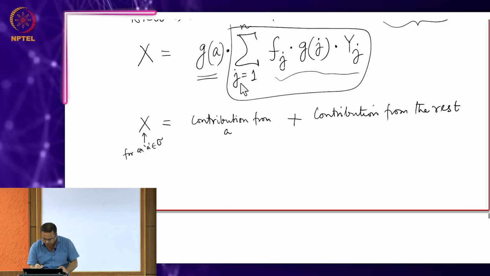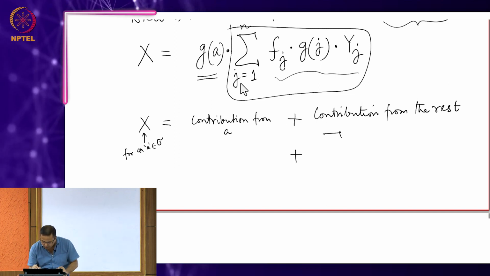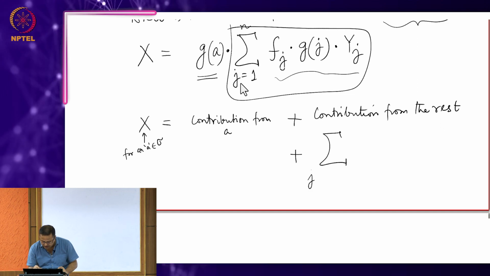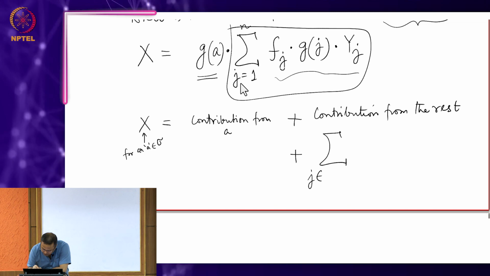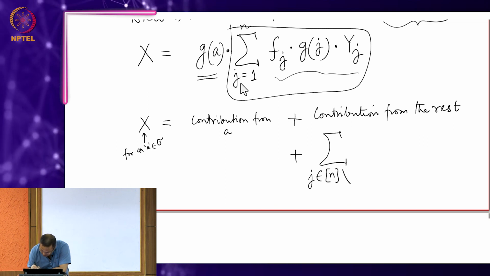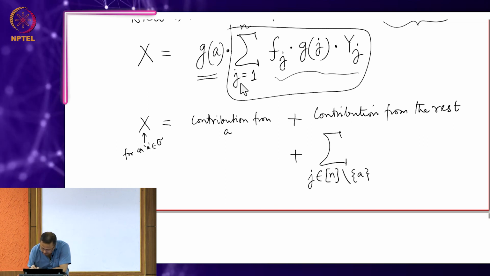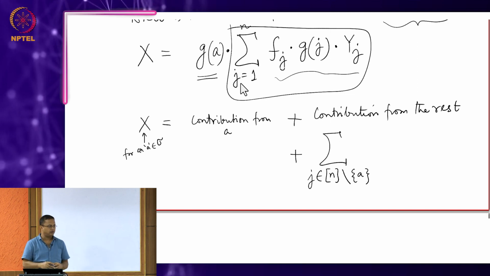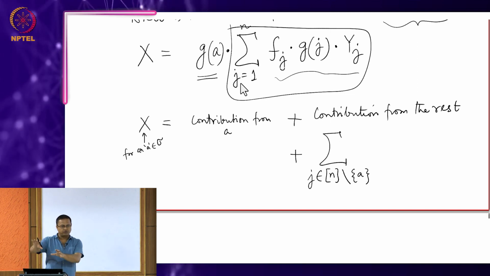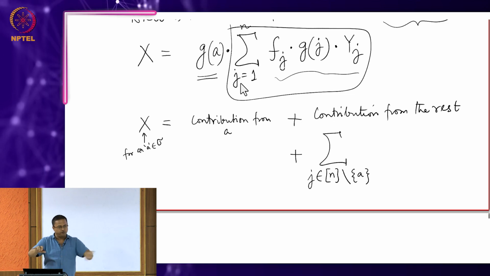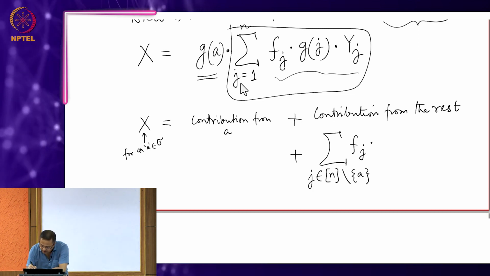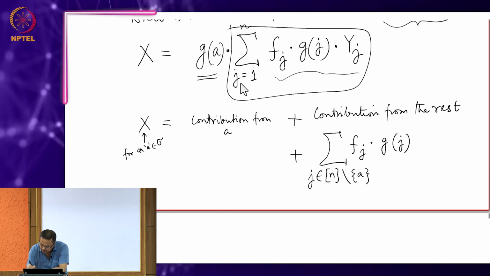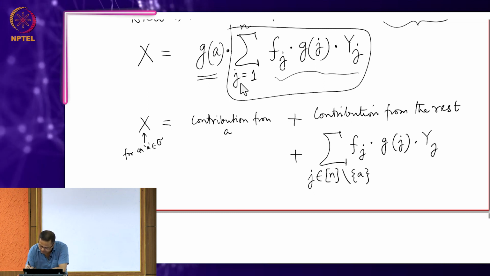Now, see the fun thing will happen. So, this sum is on j's which belong to n minus a. So, the rest contribution, right. From this universe I remove a. So, this remains whatever it is, fj into gj into yj.